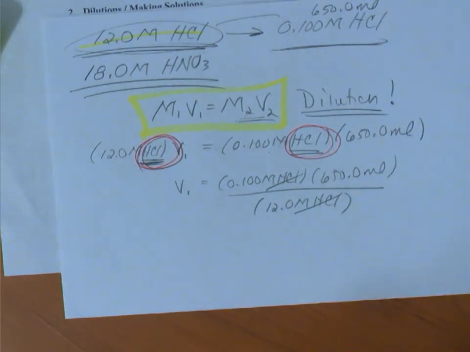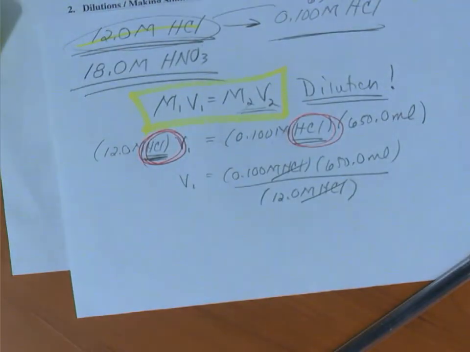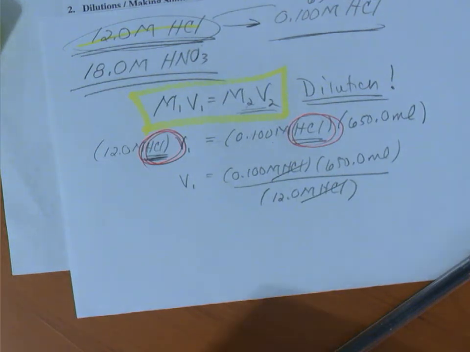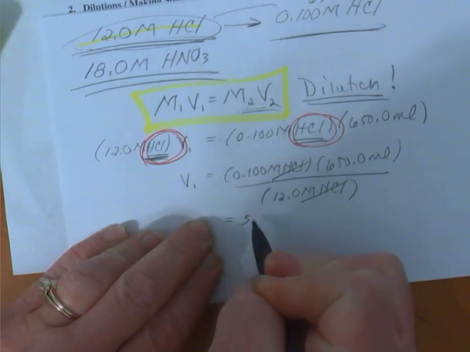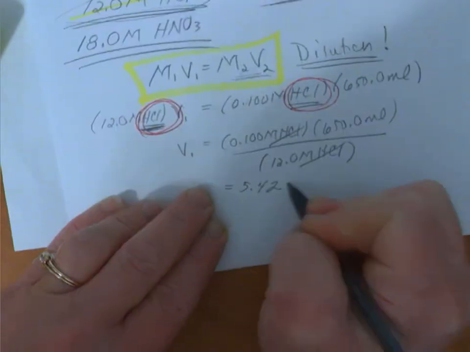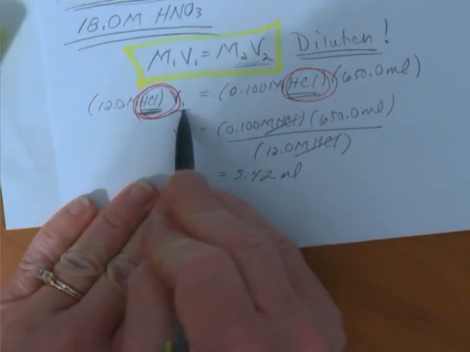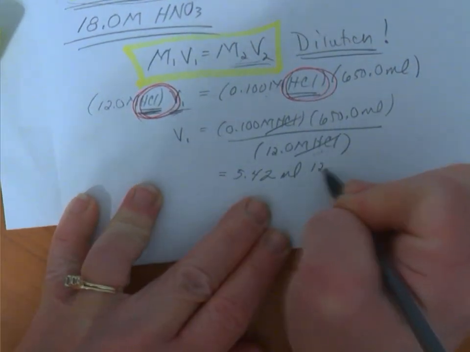Of course, I need to find my calculator, and I will have 3 sig figs. So what I get is 5.42 milliliters. But milliliters of what? Remember, I was solving for V1, and that matches the 12 molar HCl.